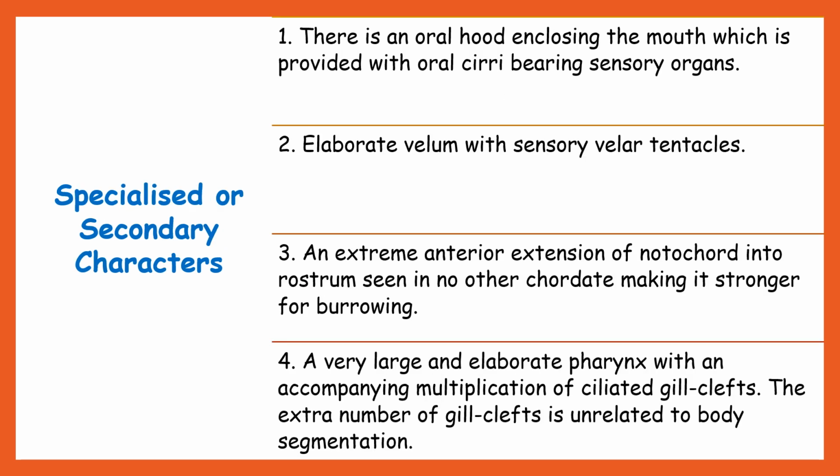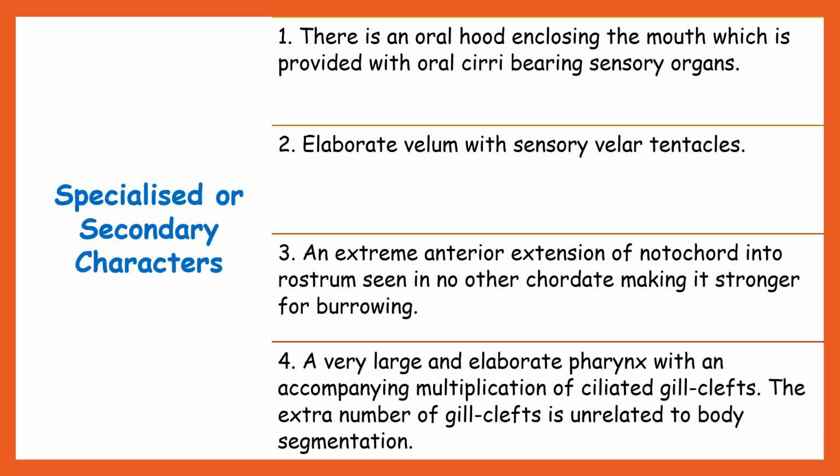Now the specialized or secondary characters. There is an oral hood enclosing the mouth which is provided with oral cirri bearing sensory organs which are primitive in nature. Elaborate velum with sensory velar tentacles. An extreme anterior extension of notochord into the rostrum seen in no other chordates, making it stronger for burrowing.